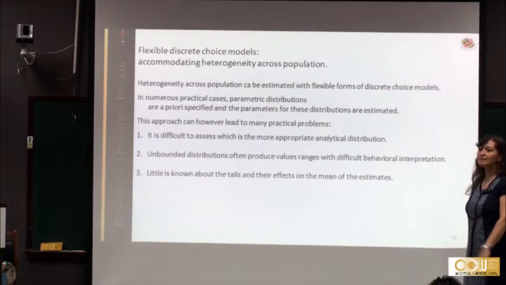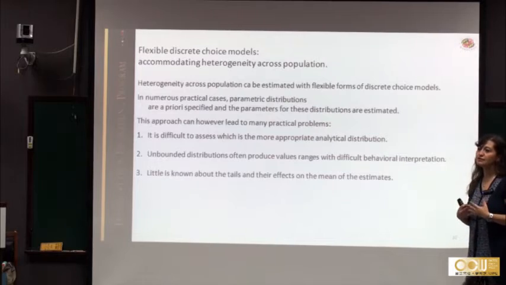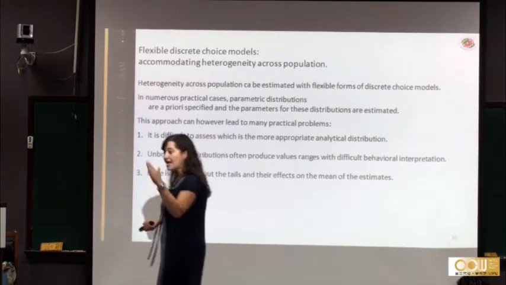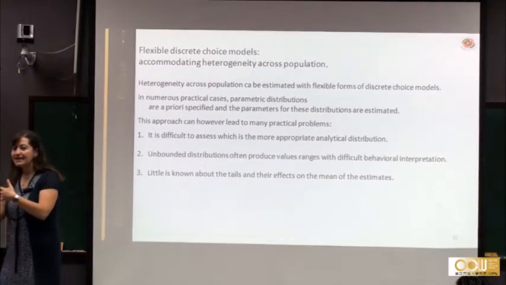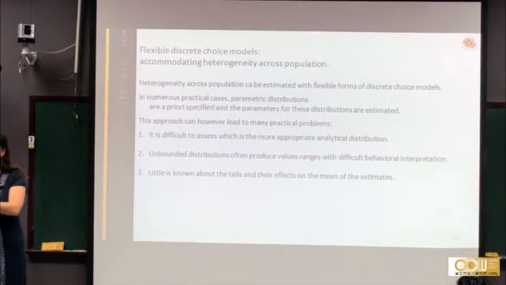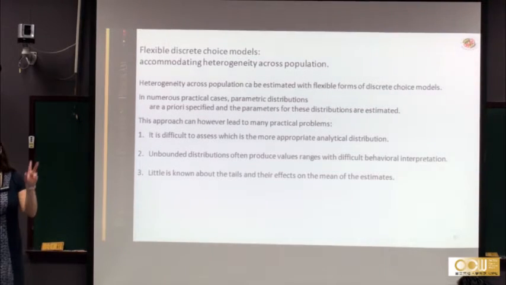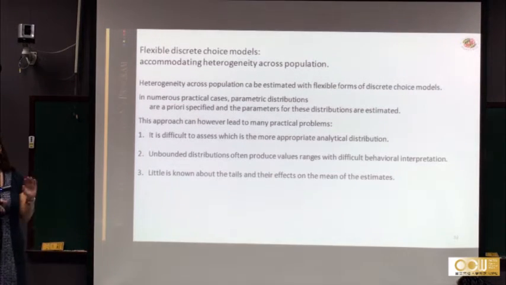It makes sense, yes. My friend Elisabetta, she does it all the time. So she mixes the two effects. What she does is she has the deterministic taste variation, and then the rest, what is left out, is random. I think this makes sense, and she's a good student of Ortuzar. I think this is the right way to do it.